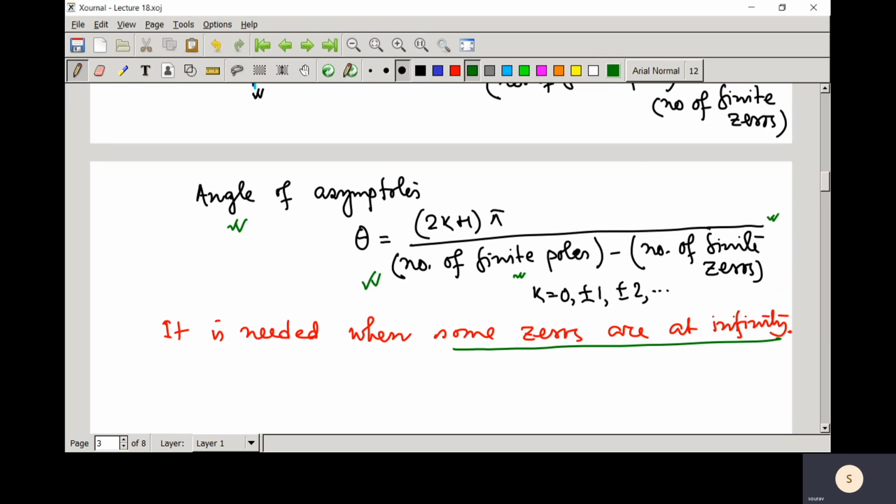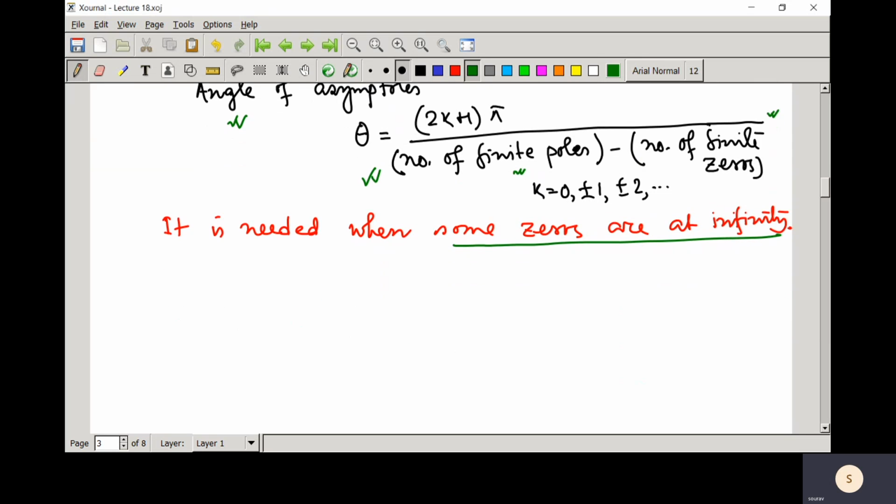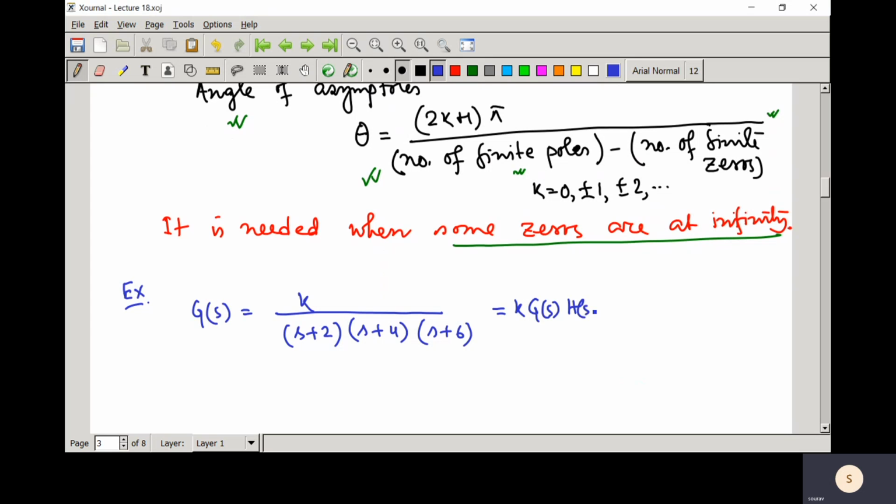So let us take one simple example and try to understand. Suppose you have one example, that is G(s) equal to K over (s plus 2)(s plus 4)(s plus 6). So this is the open loop, that is actually K G(s) H(s).